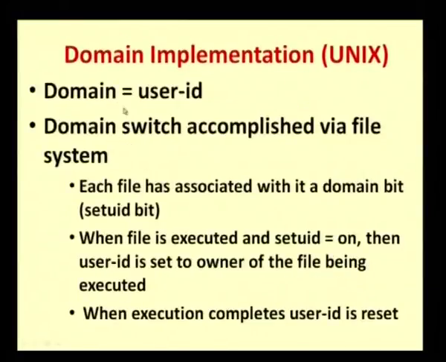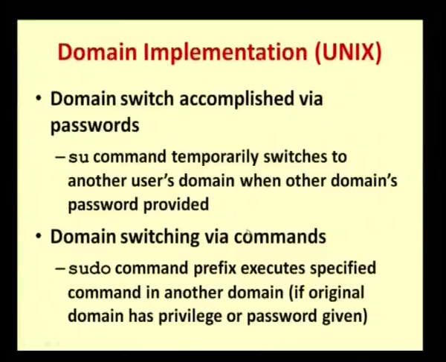First, it is accomplished via the file system. If you are able to access and the other user is not able to access, then that is because of the file system. Second, it is accomplished via passwords, that is, you assign certain passwords for using a particular privilege.